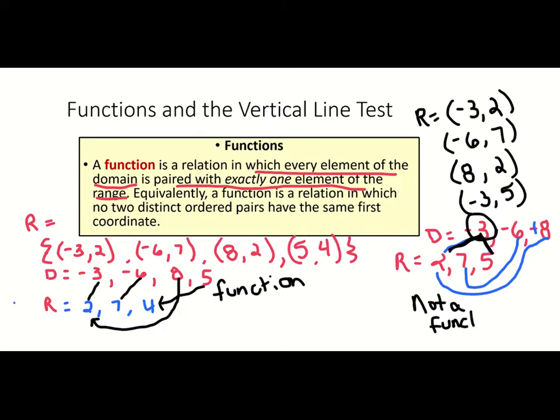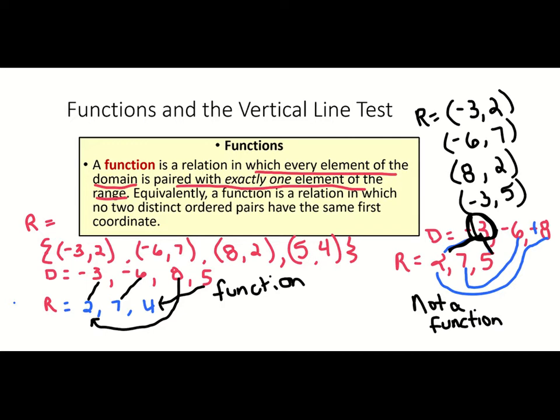Now, the way I look at it, I look at your domain as your people, and your range as different rooms. I can have more than one person in a room, or in my range. But if I'm -3, and I have to be in room 2 and room 5 at once, can I do that?